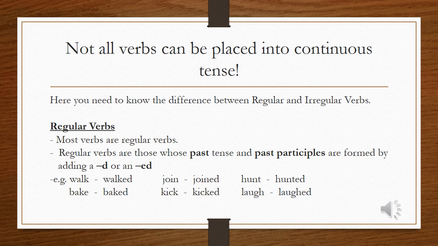The first one we look at is regular verbs. Please copy it down. Regular verbs. Most verbs are regular verbs. Regular verbs are those whose past tense and past participles are formed by adding a D or an ED, and then I provide you with some examples.